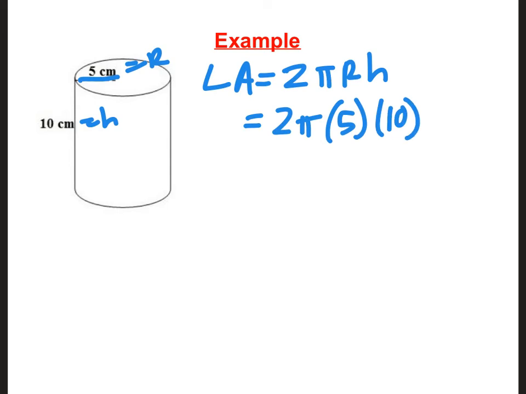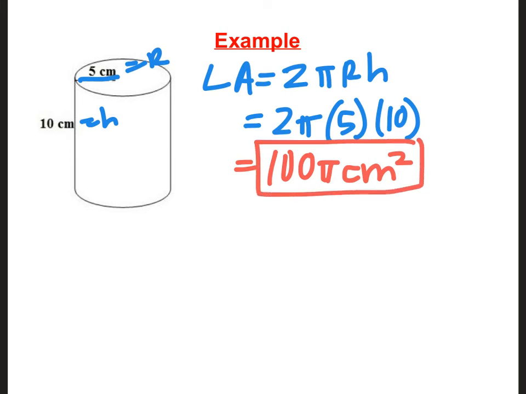Again, I'm going to multiply all my numbers together, so I'm doing 2 times 5 times 10, and I get 100. So we have 100 pi. Again, for lateral area, my units are centimeters, and since it's area, we're going to square it. So we're going to say 100 pi centimeters squared. For this one, I'm just going to leave it in terms of pi.